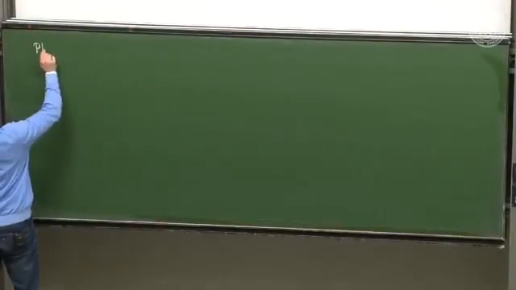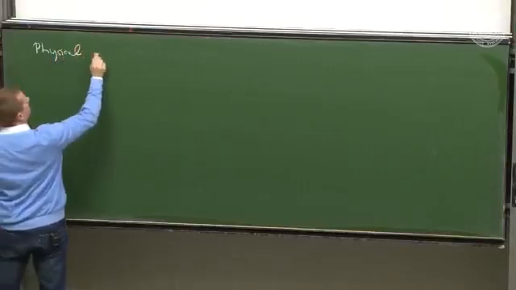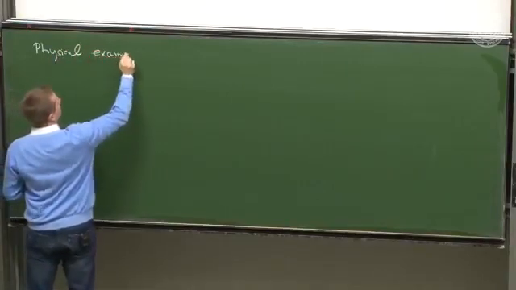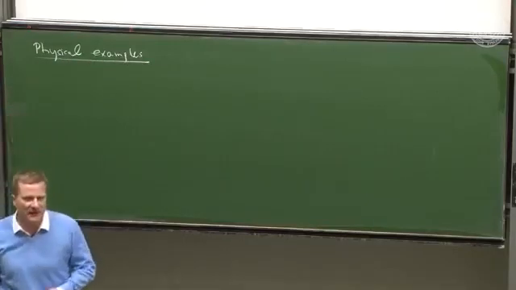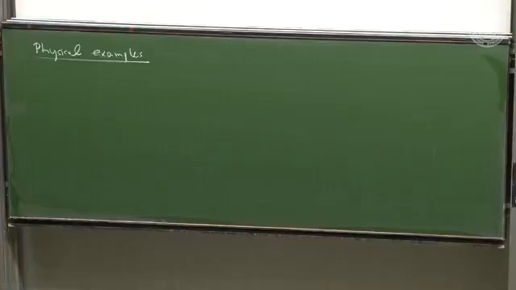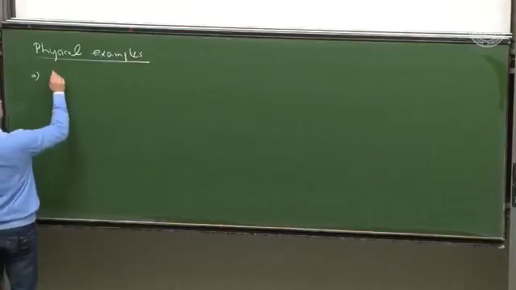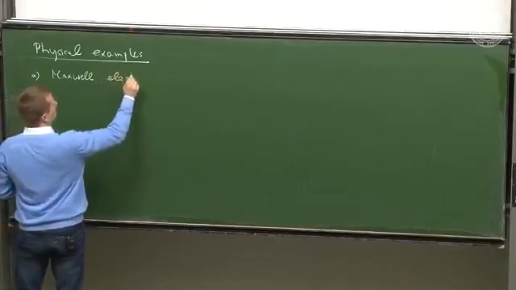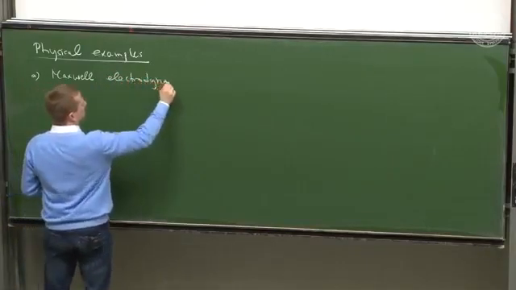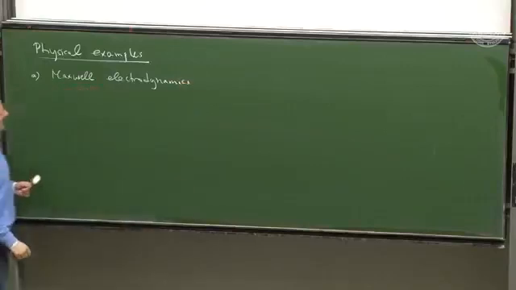So let me give you 2 physical examples. And they're very brief because, in fact, we don't have enough technology yet to embellish them. But the first example is a well-known one, and that's Maxwell electrodynamics. But actually, I shouldn't say Maxwell electrodynamics.